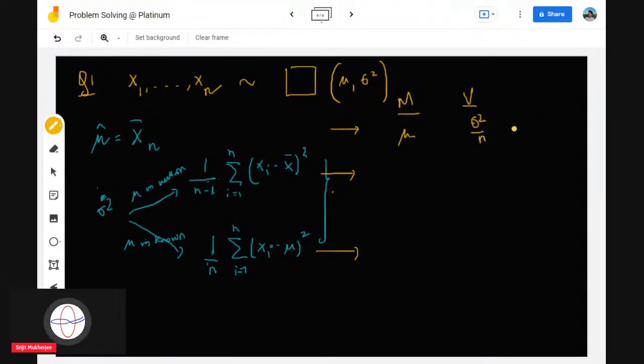So is this consistent? Yes, the variance is going to 0 and the mean is going to mu, so it's consistent. Right? So what about the next one, when mu is unknown?